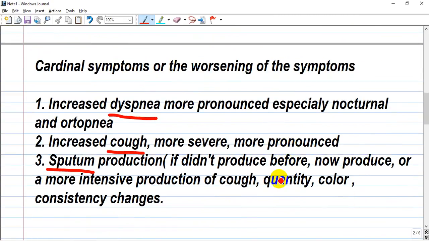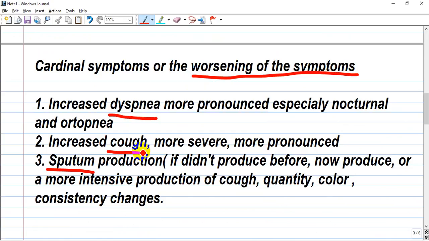What are the cardinal symptoms, or I can call them worsening symptoms of the disease? So you see here three components: dyspnea, cough, and sputum. And changes in them: dyspnea is increased, more pronounced, especially nocturnal one, or orthopnea.